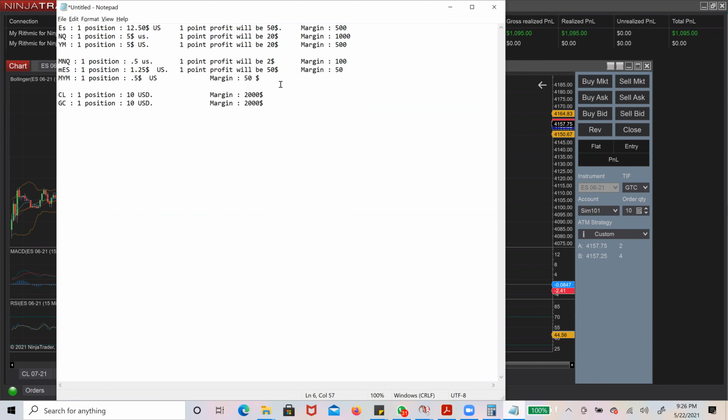Now this will be $2. And this is $10. Sorry, not $10, $100. Because CL and gold go for 10 ticks equal to 1 point.